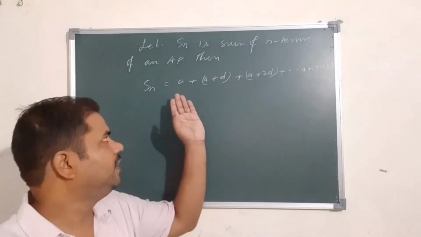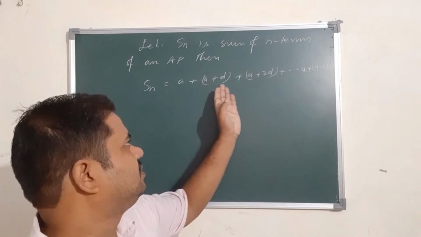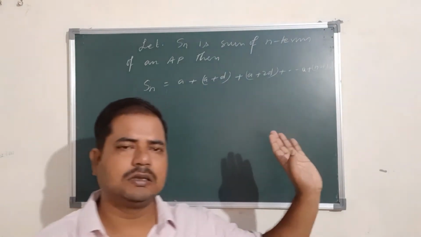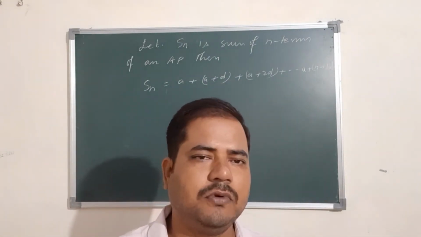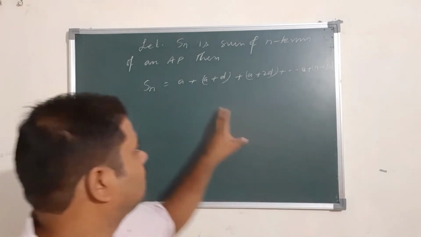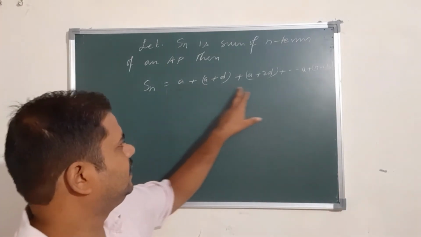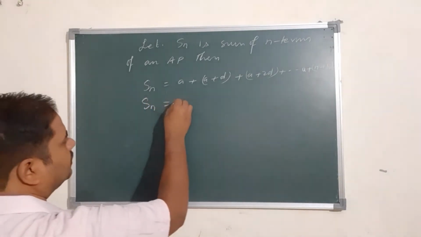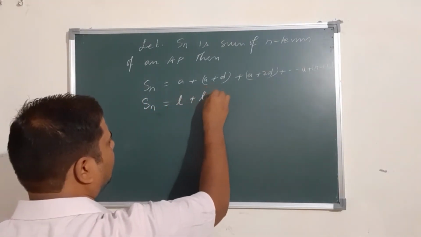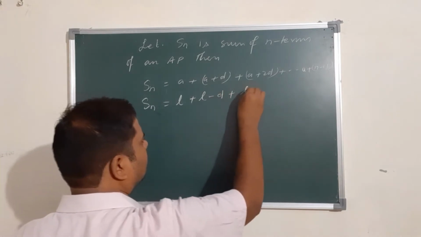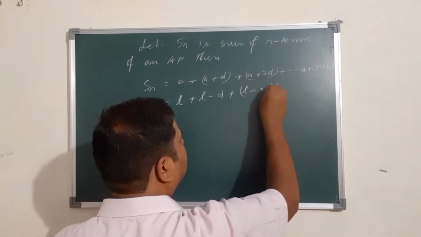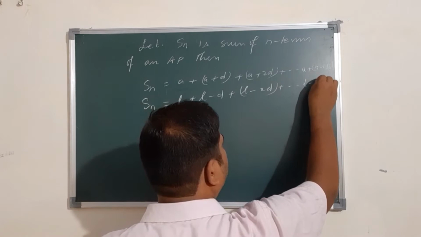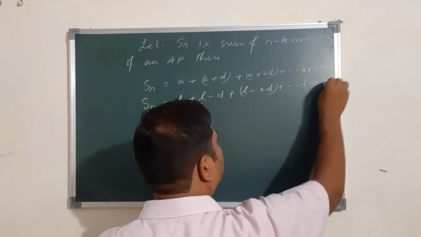So you know very well a, a plus d, a plus 2d are the first, second, third, fourth terms of an AP. That's why we can write it so. Then Sn is again written as l plus (l minus d) plus (l minus 2d) plus dot dot dot plus (l minus n minus 1 into d).